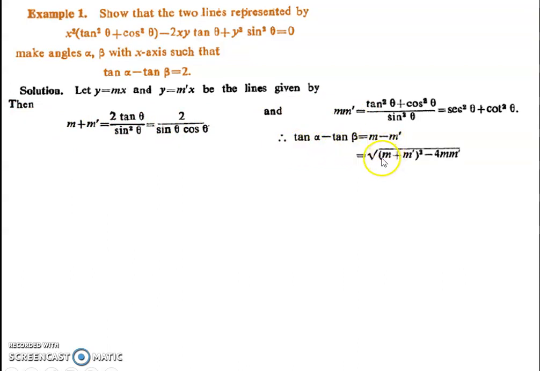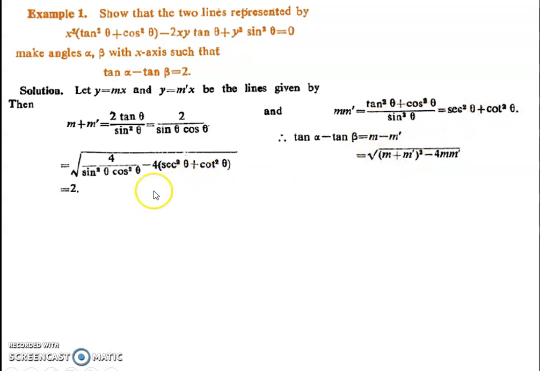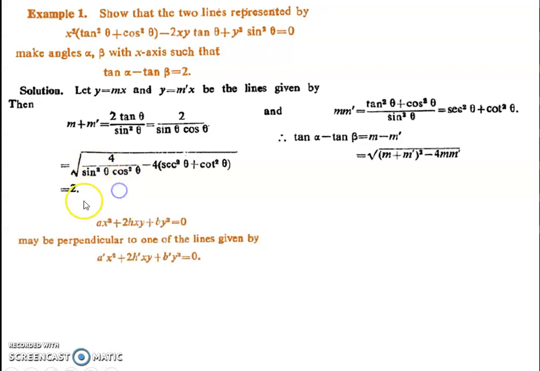M minus m dash means square root of (m plus m dash) square minus 4m m dash. And what we want to find is tan alpha minus tan beta equal to 2. I simplify it, and then when we simplify, shift to upside, and we got 2.